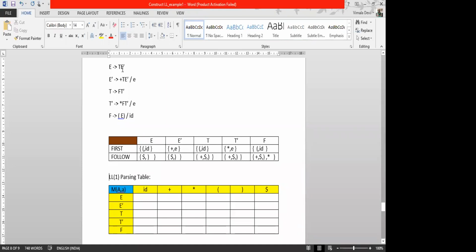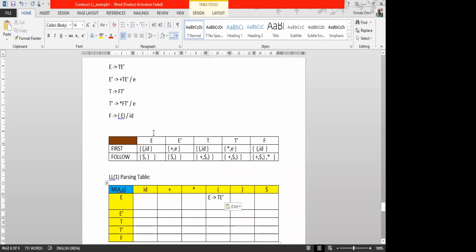I have to fill this rule in the first set of E, which we already computed. E derives T E dash against these symbols. M of E comma open parenthesis will contain this rule, as well as M of E comma ID also will contain this rule. Have you understood how I filled this?